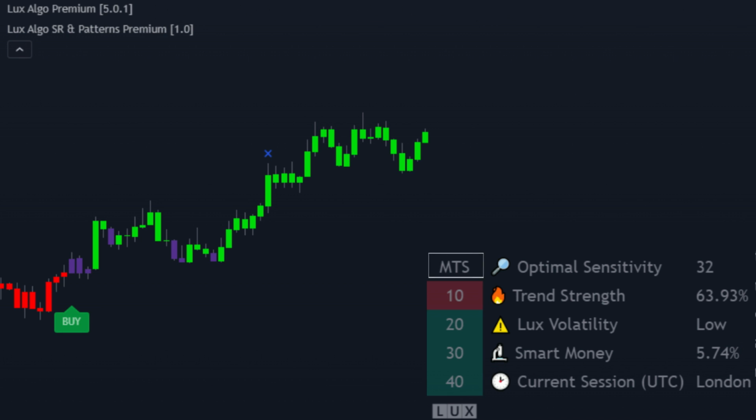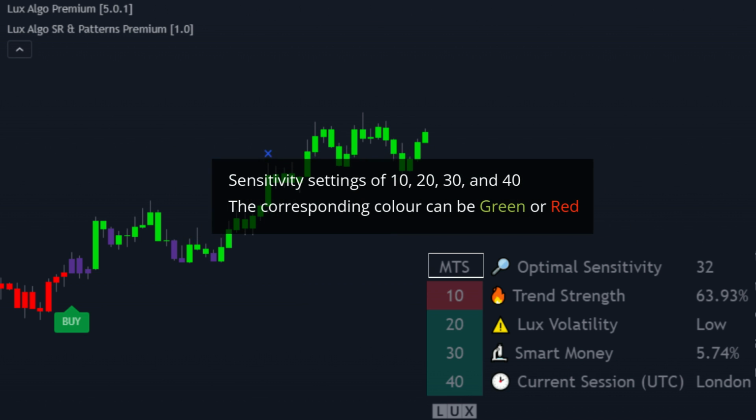The signal's MTS feature shows the current confirmation signals returned using different sensitivity values, those being sensitivity settings of 10, 20, 30 and 40.